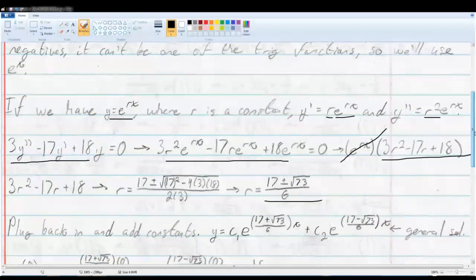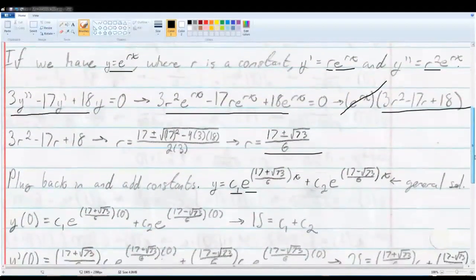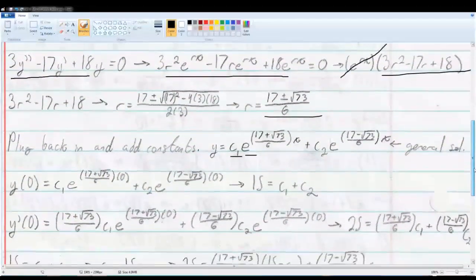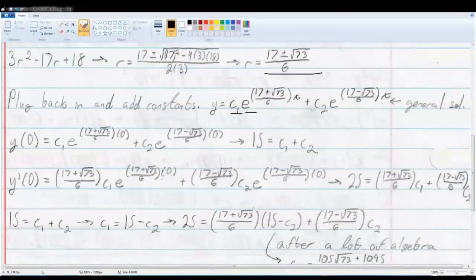Since they are not the same, we have a constant times e to one root times x, plus a constant times e again to the power of the other root times x, and that's our general solution. To work through the particular solution, we basically use y of 0, and the e's become 1, right?